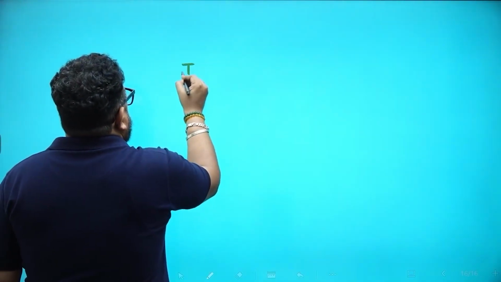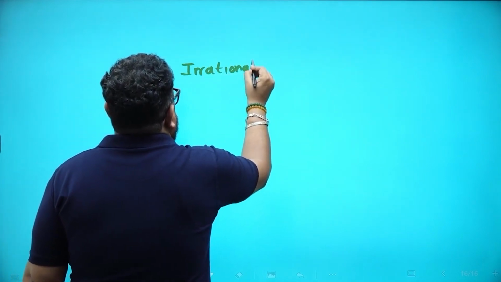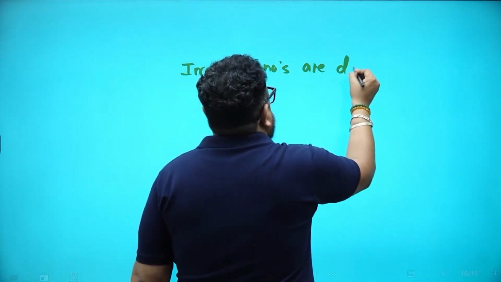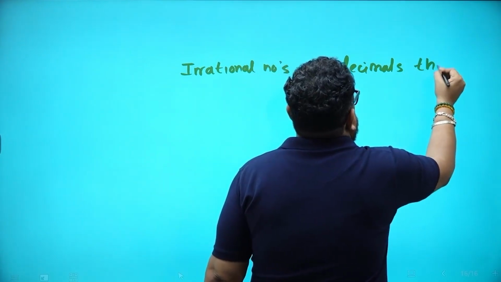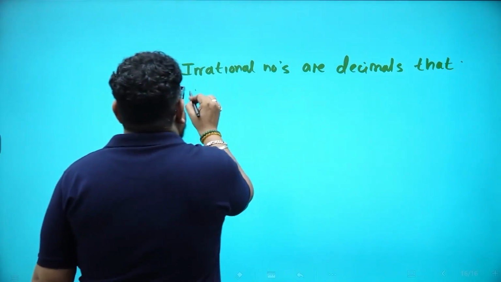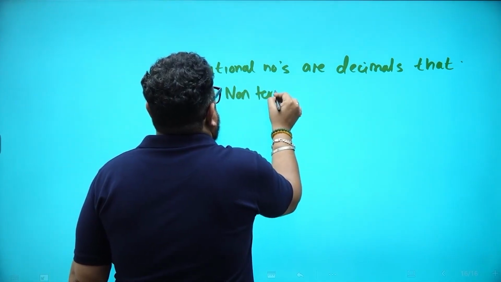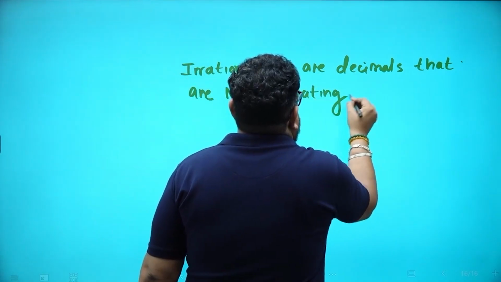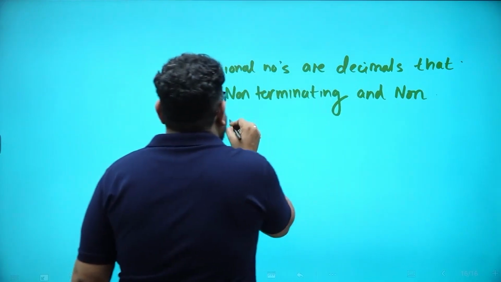Irrational numbers are decimals that are non-terminating and non-recurring.